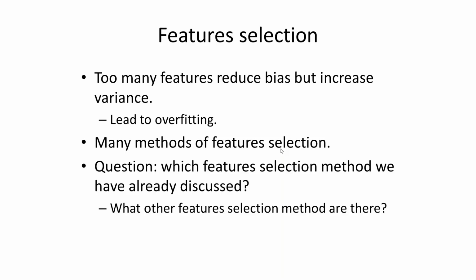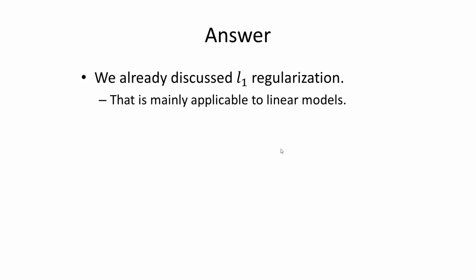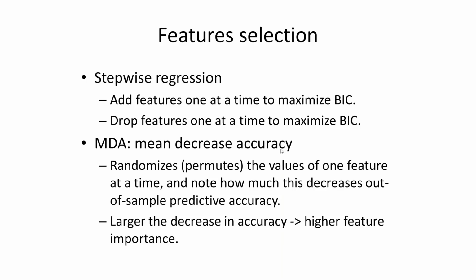I think time is running out, so feature selection is a big topic, and we already mentioned one method, which is L1 regularization. There are other ones, stepwise regression and mean decrease accuracy and so forth.